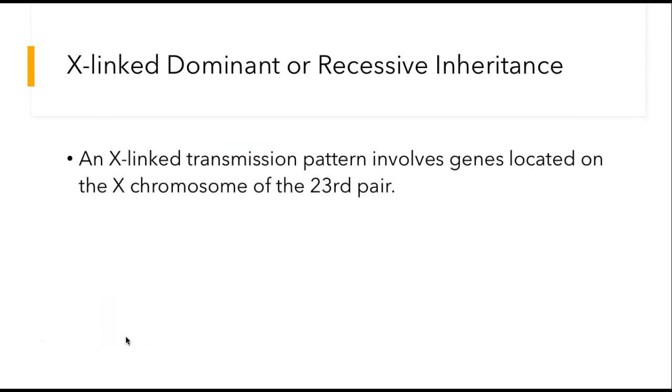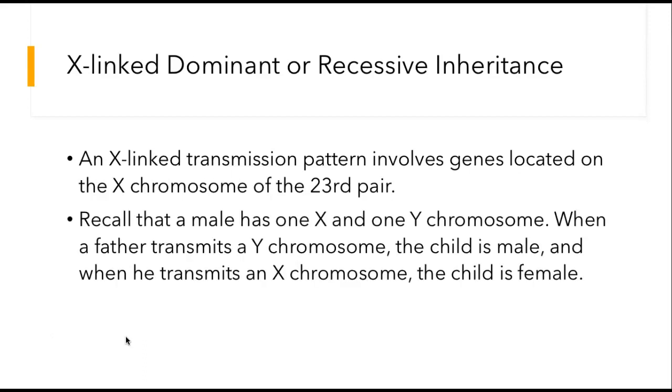Now we'll talk about X-linked dominant or recessive inheritance. An X-linked transmission pattern involves genes that are located on the X chromosome, which is the sex chromosome on the 23rd pair. Recall that if you are a male, you have one X chromosome and one tiny little Y chromosome. And when a father transmits a Y chromosome, the child is always male, and when he transmits an X chromosome, the child is female.